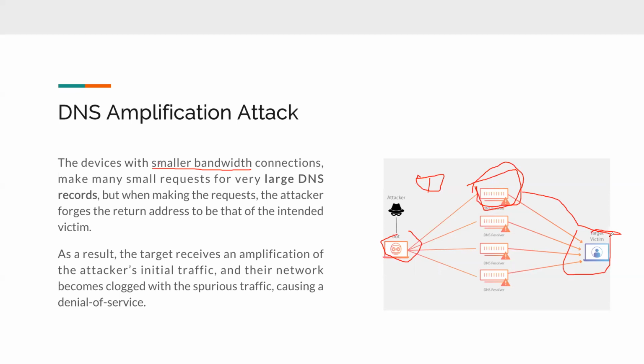So basically, two things to be noted: the requests made by the small IoT device are small requests, but for large DNS records. So the reply is a huge amount of data, and the return address is the victim. Hence the victim receives a huge amount of traffic, and the victim's service becomes unavailable, making a denial of service scenario.